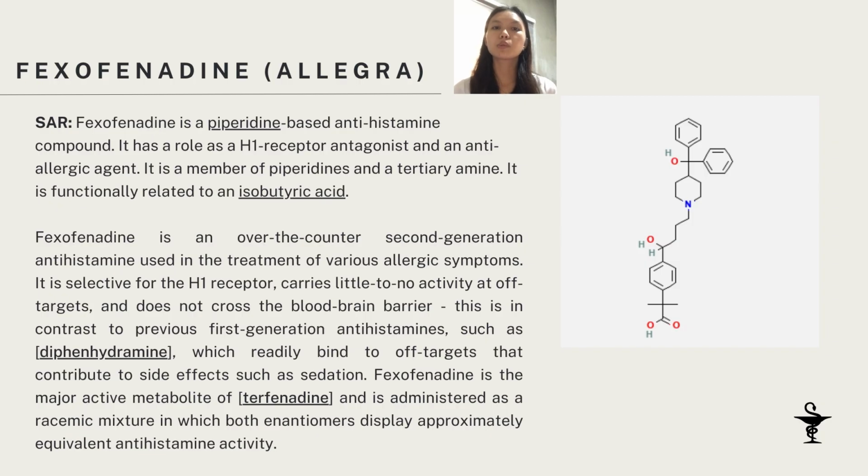This is in contrast to previous first-generation antihistamines, such as diphenhydramine, which readily bind to off targets that contribute to side effects such as sedation. Fexofenadine is the major active metabolite of terfenadine and is administered as a racemic mixture in which both enantiomers display approximately equivalent antihistamine activity.